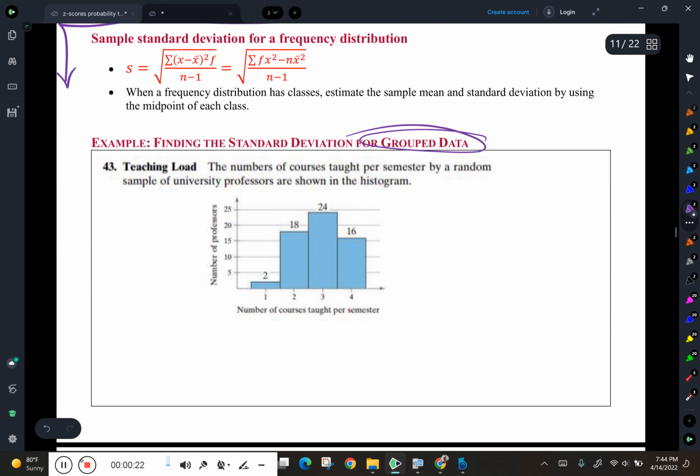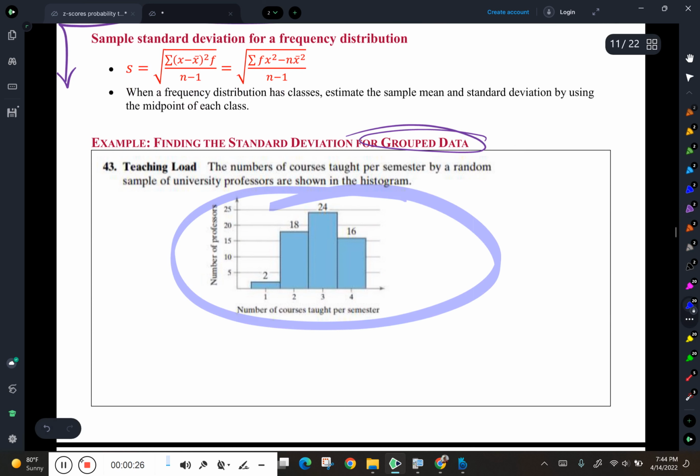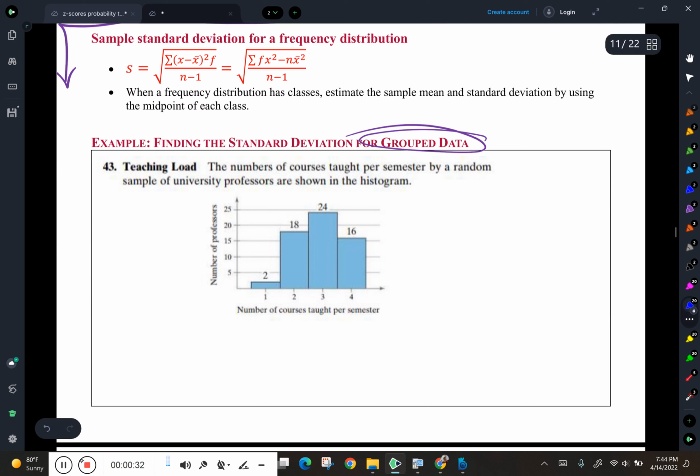What do we do if we are given some sort of a hot mess like this and asked to find the standard deviation? Well, much like anything else, there's going to be a way to do it if we can just pull it apart and look at what it's saying. I'm hoping that when you look at that histogram, you're seeing the same thing I'm seeing.